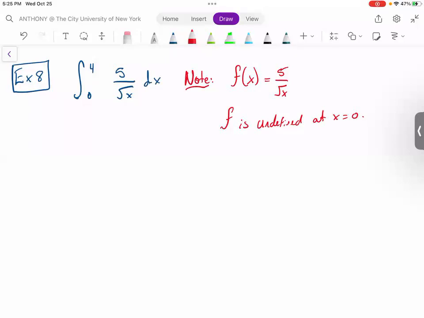Yes. On the interval 0 to 4, it's like a half open, half closed interval. The left endpoint is not included. We can't include 0. But on the interval where 4 is included and 0 is not, the function is defined.